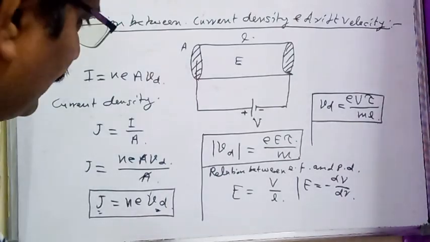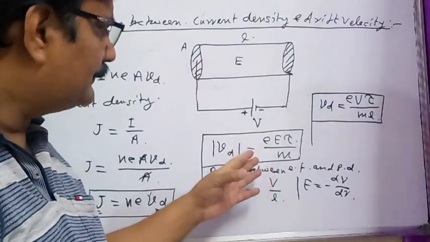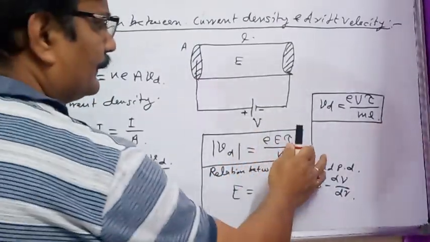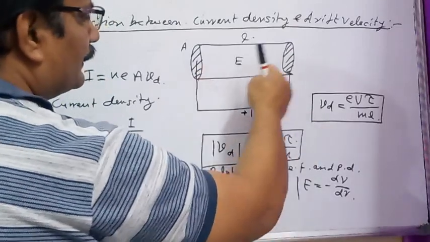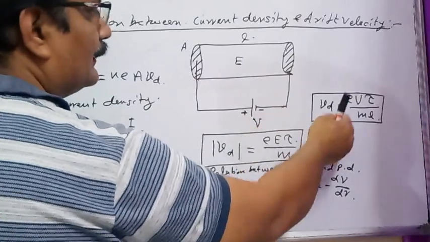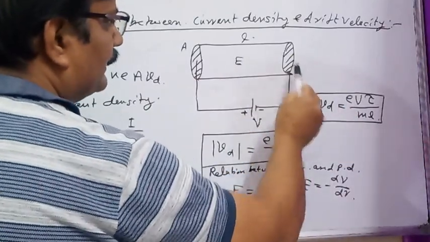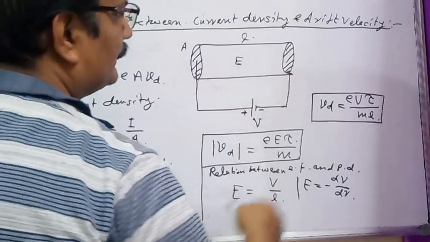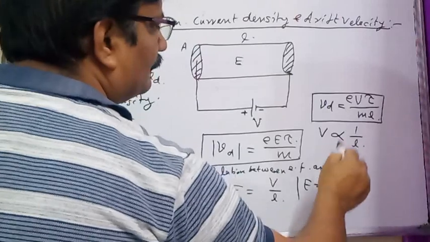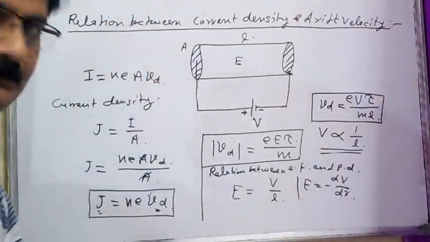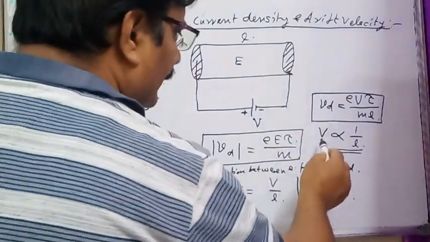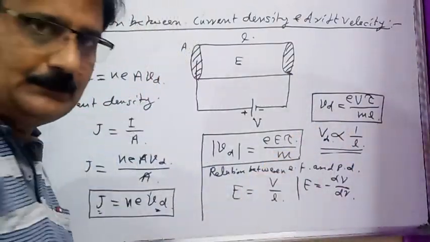Students, in both the relations you might be asked some conceptual questions related to these two formulas. If the length of a conductor is increased, keeping the potential difference across the ends constant, then drift velocity is inversely proportional to the length of the conductor. So if the length of the conductor is increased, the drift velocity of electrons in that conductor is going to decrease.